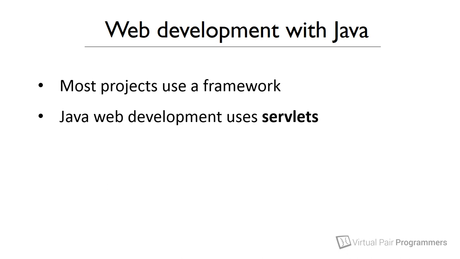So understanding what a servlet is and how they work is a really important piece of knowledge that all good Java web developers should have. It gives us a critically important understanding of what is happening under the hood, even though the frameworks might hide some of that complexity. So understanding servlets will help you understand what you might need to do when things don't quite work as expected.